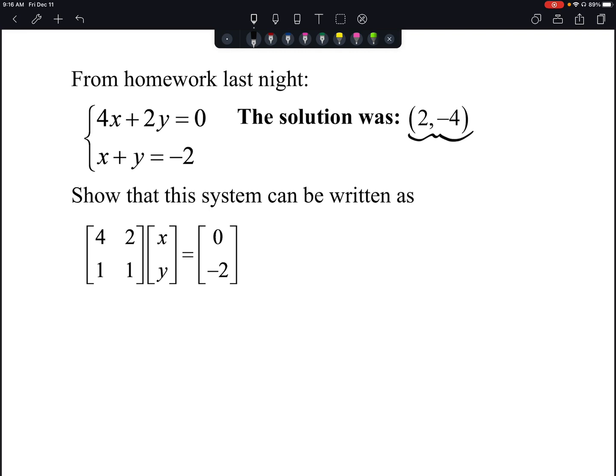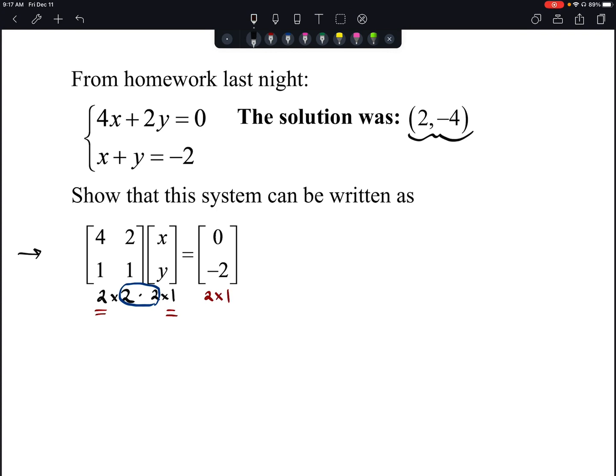Down below it says show that this system can be written as this statement right here. Well, let's show that. This is a 2 by 2. This is a 2 by 1. If I'm multiplying those together, those inner dimensions are the same, which would give us a resultant matrix that's 2 by 1, which you see right here.